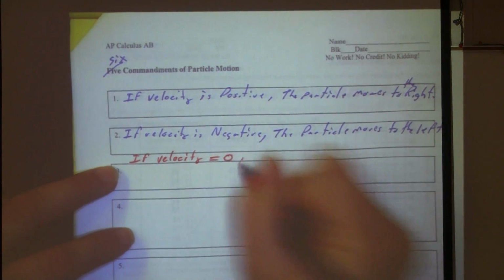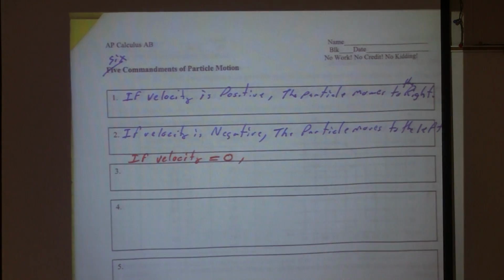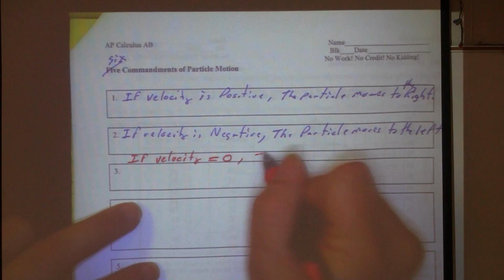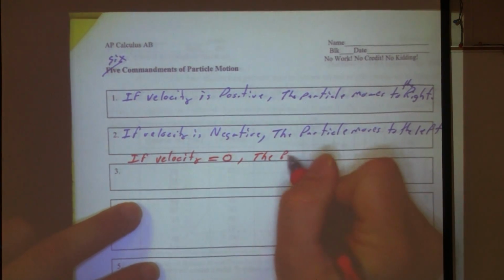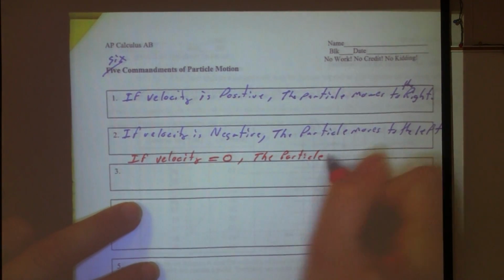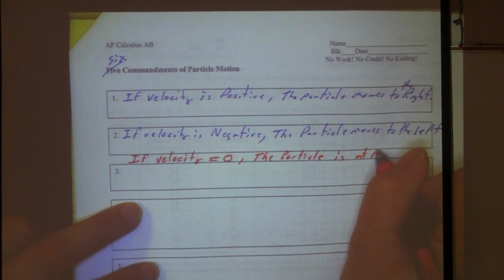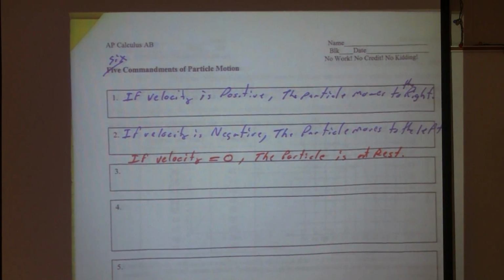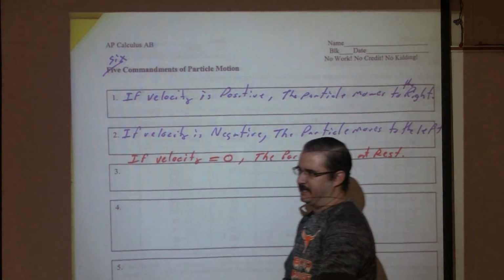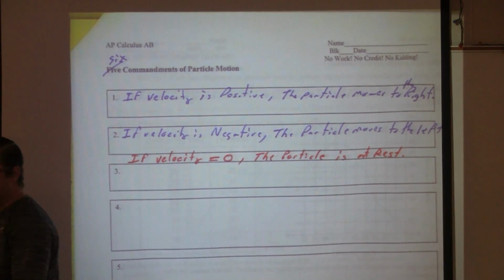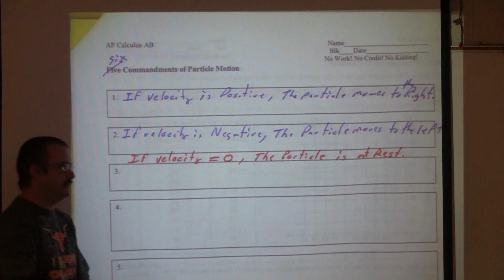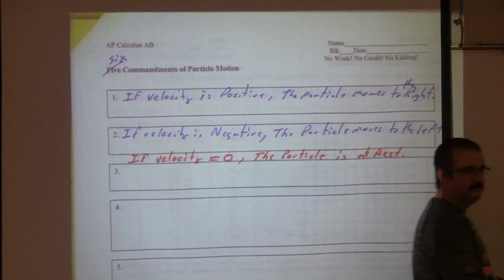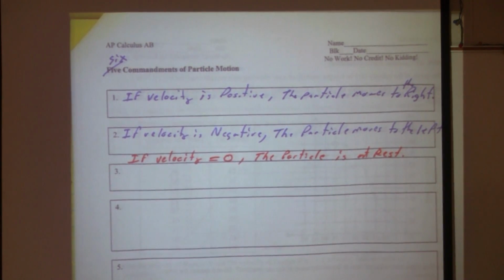What if I said the velocity was 0? That means it's not moving, so the particle is at rest, maybe momentarily, for a split second. Then it could change direction, or it could accelerate in the same direction.